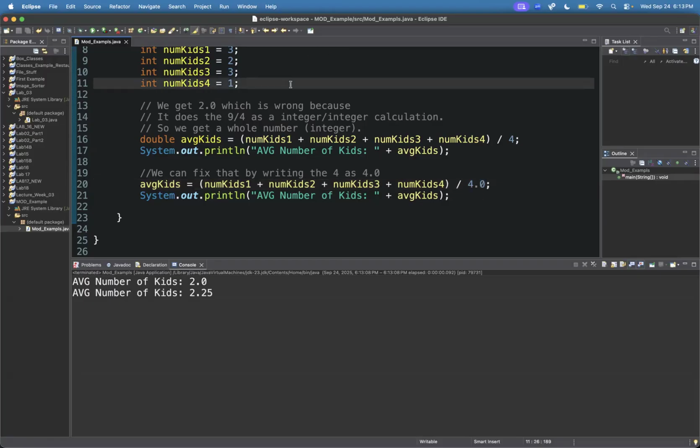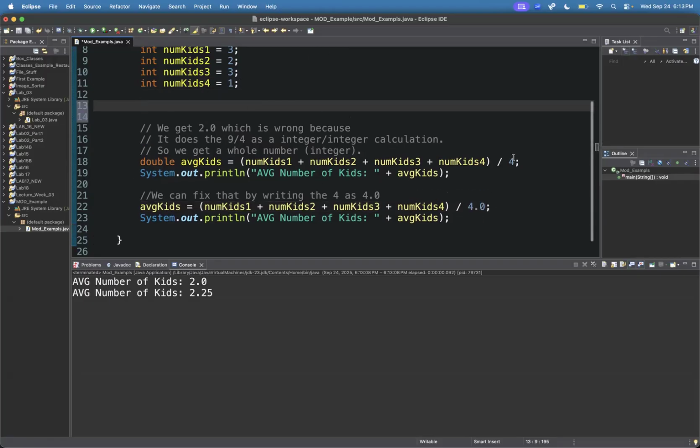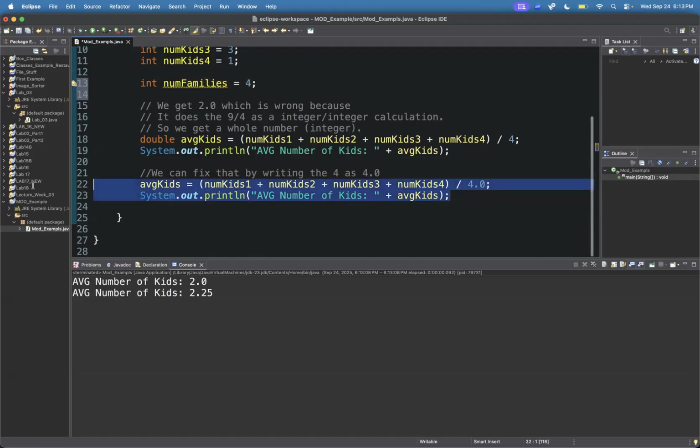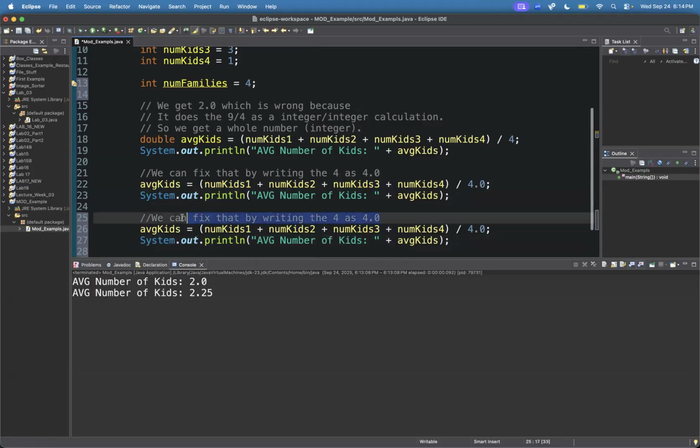But it doesn't solve all of our problems because what if instead of the 4, we also had a variable for the number of families? So if I went up here and I said int numFamilies, and I made that 4, so now this is an integer as well, and I tried to do this again, this will be wrong again due to int over int.